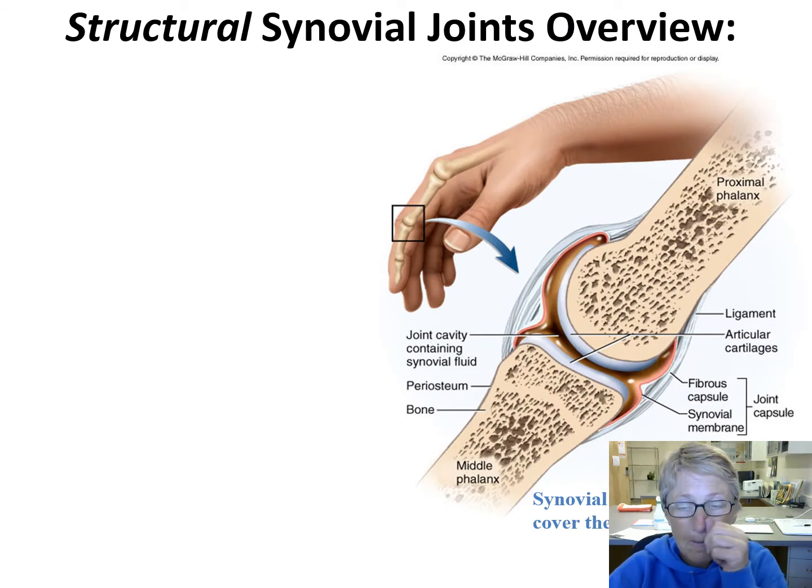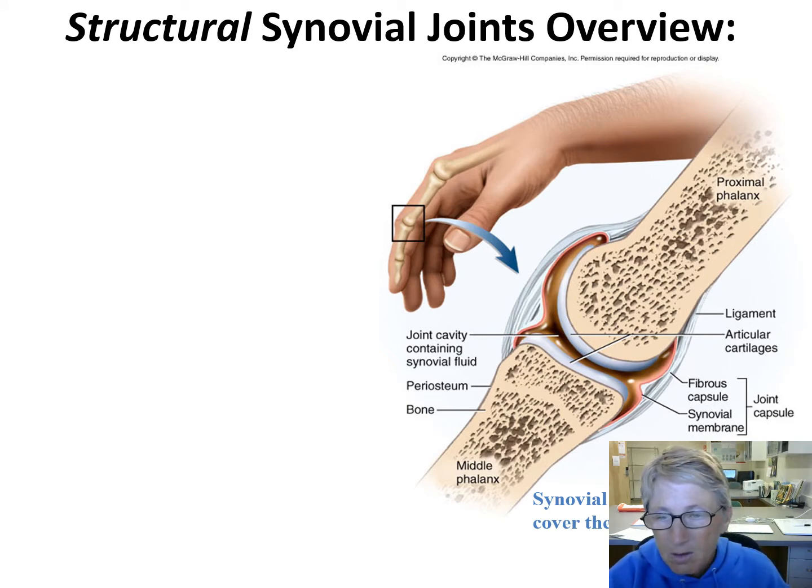So here's a cartoon. If you look here, you've got this black box around a joint in your finger, and then they enlarge it, and it shows this is the proximal phalanx, this is the middle phalanx, and the distal phalanx would be this little bone right here.